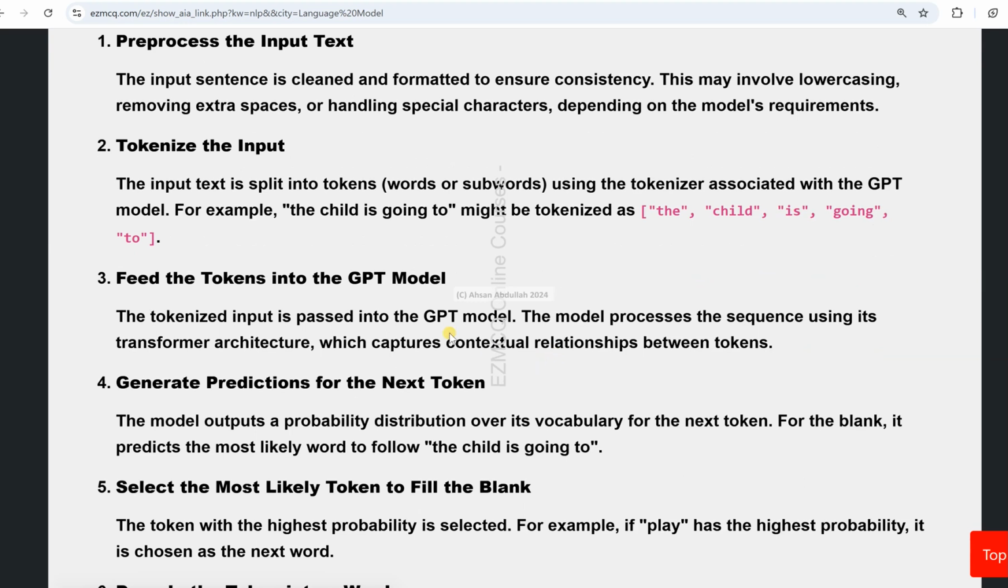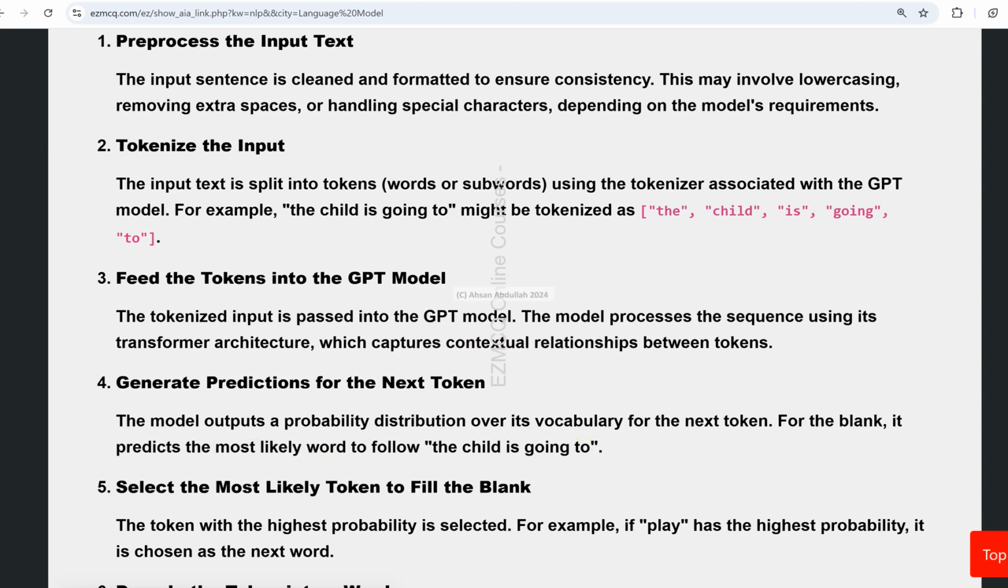Once we have these tokens, and hopefully we did a good job, they are passed to the GPT model, which processes them using the multi-layer transformer architecture and captures the contextual relationships, which is much stronger, way ahead of n-grams and of HMM. It then generates the predictions for the next token, that is, what the most likely word is that goes after to.